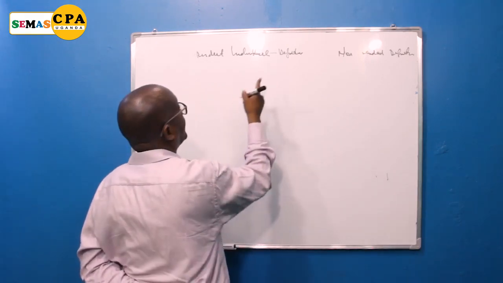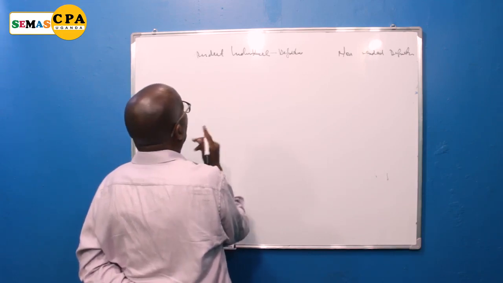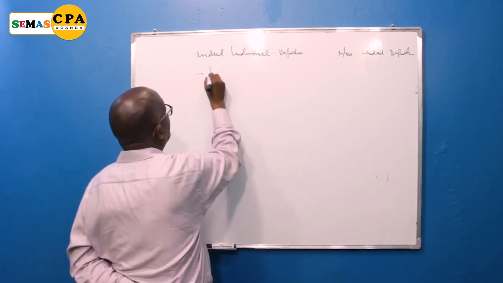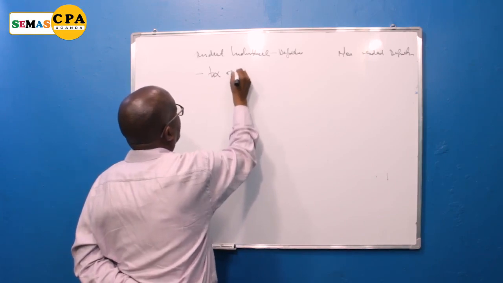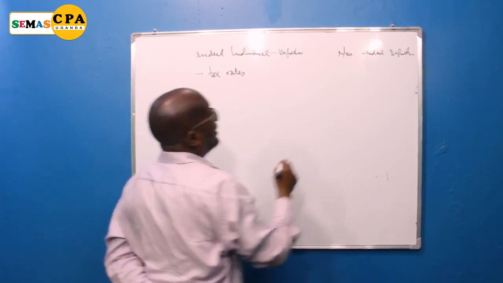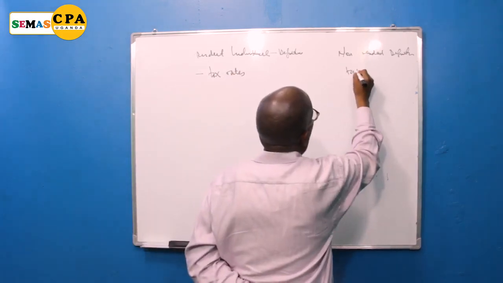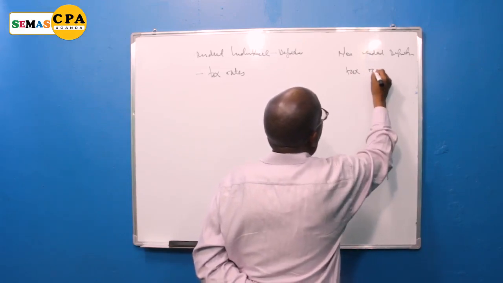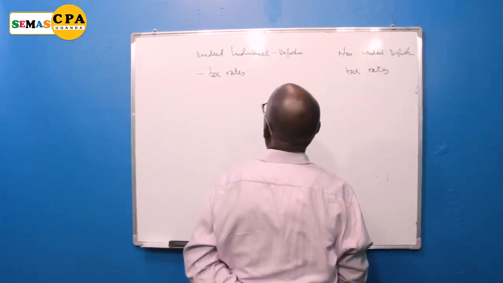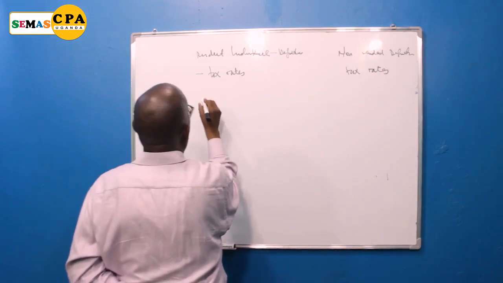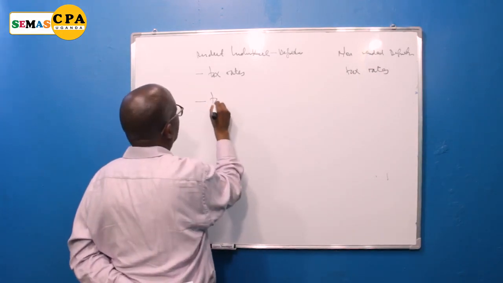We need to know the definition of a resident individual because, one, the tax rates you use when you are taxing a resident individual are different from the tax rates you use when you are taxing a non-resident. The second thing is the tax jurisdiction.